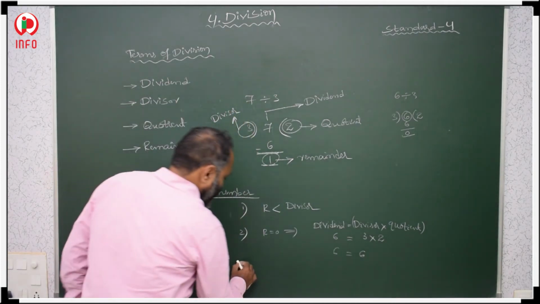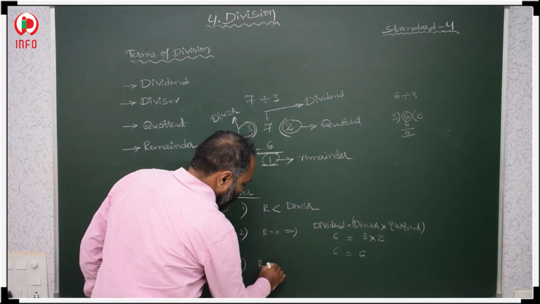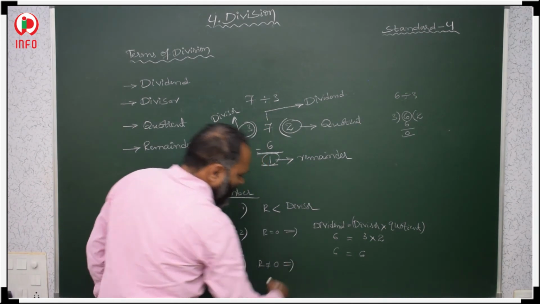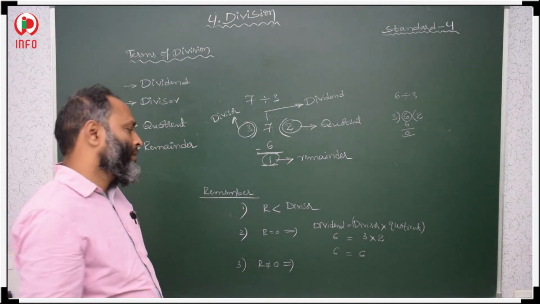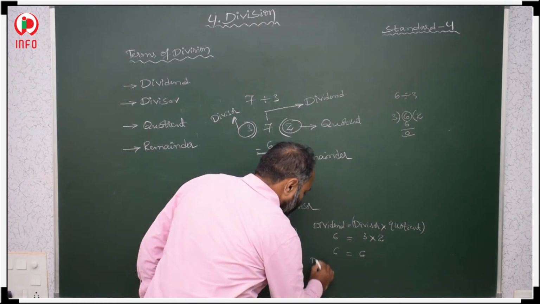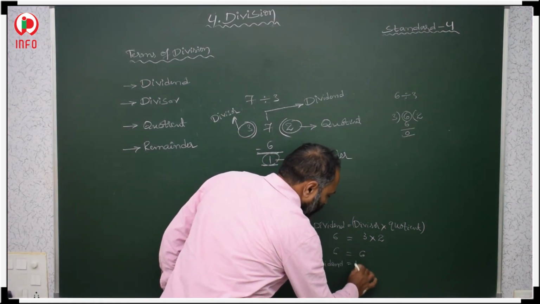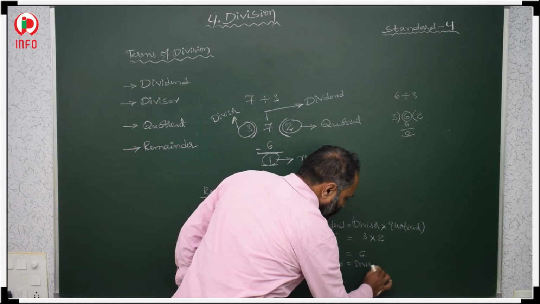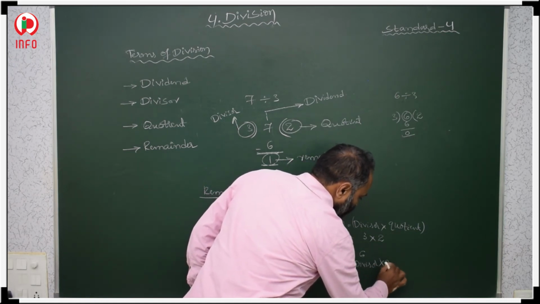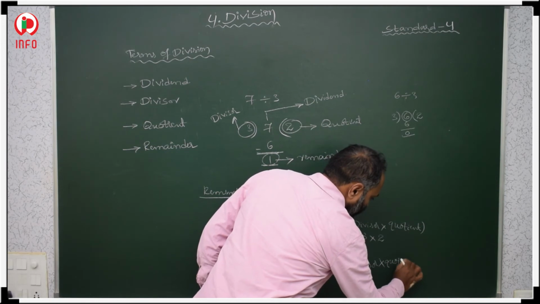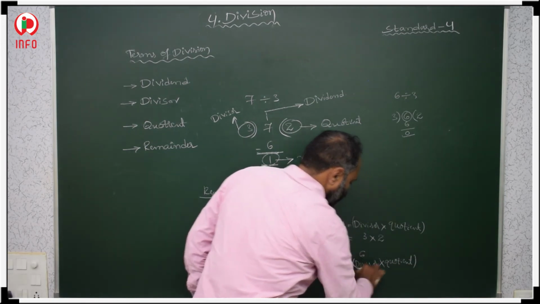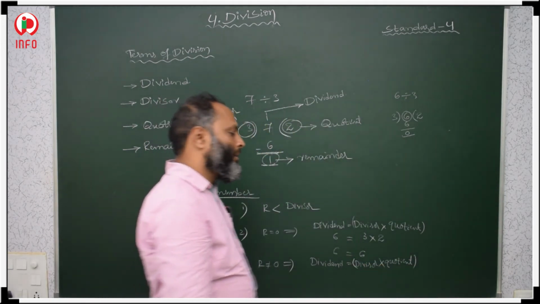If the remainder is not equal to 0, then what is the formula? Dividend is equal to divisor into quotient plus remainder.